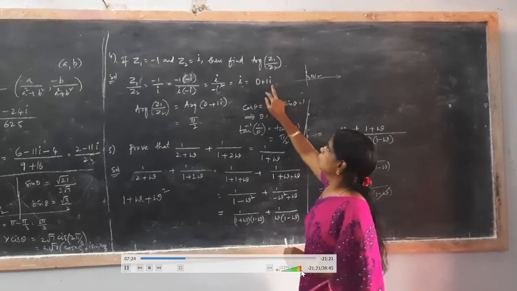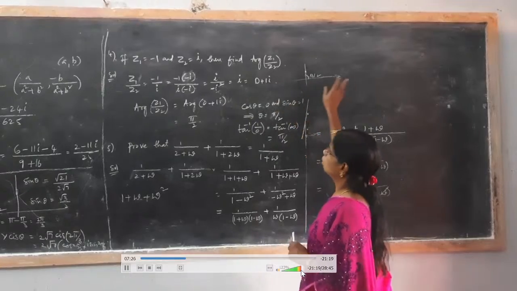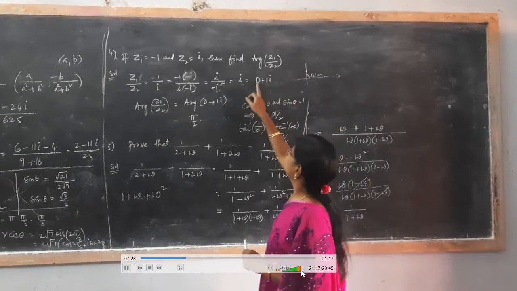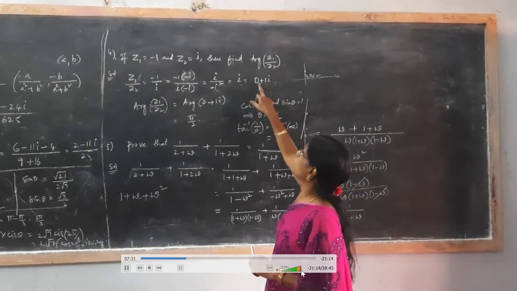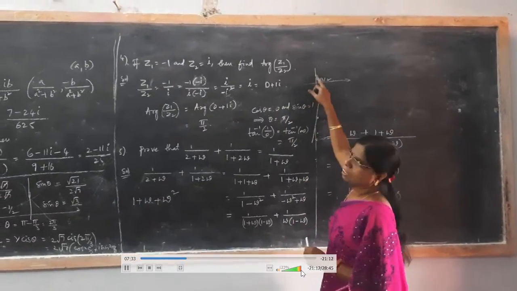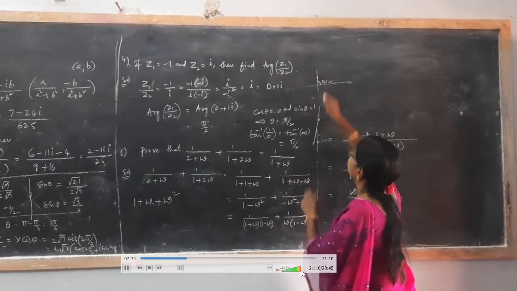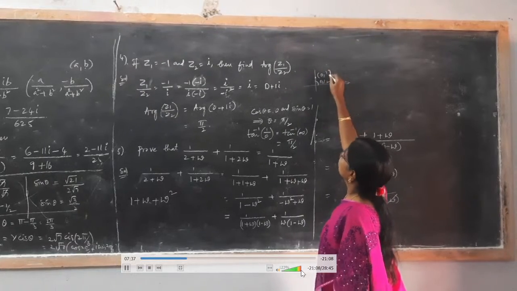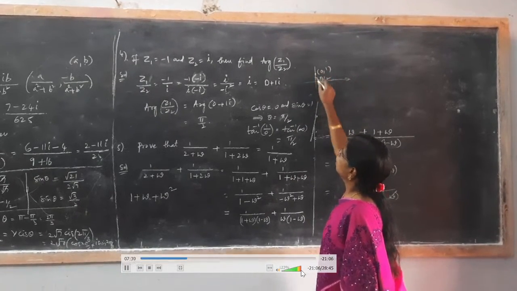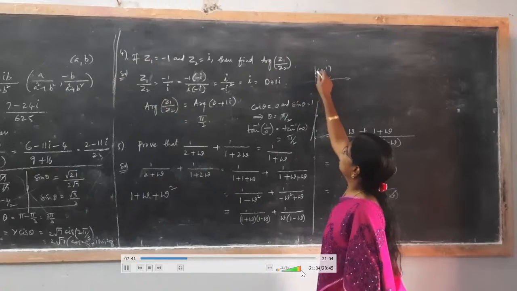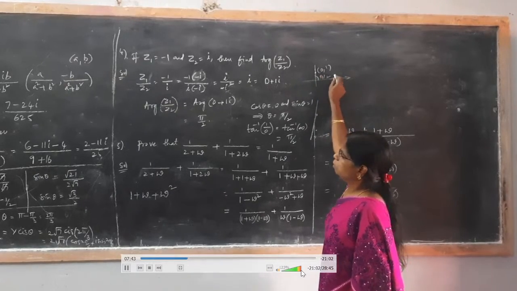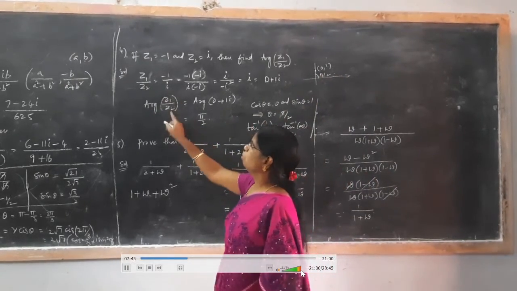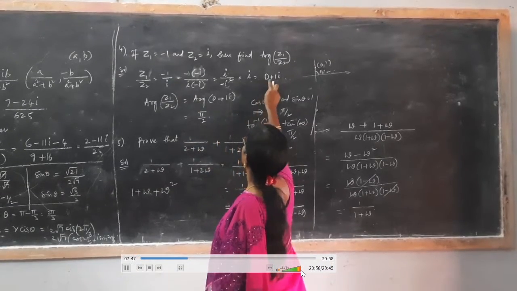Okay. For this step you get 1 mark. And 0 plus 1i means what is the point? 0, 1. It lies on the imaginary axis. So what is the argument? The angle made by the line OP from O to (0, 1) is pi by 2. Or, argument of Z1 by Z2 is the argument of 0 plus 1i.